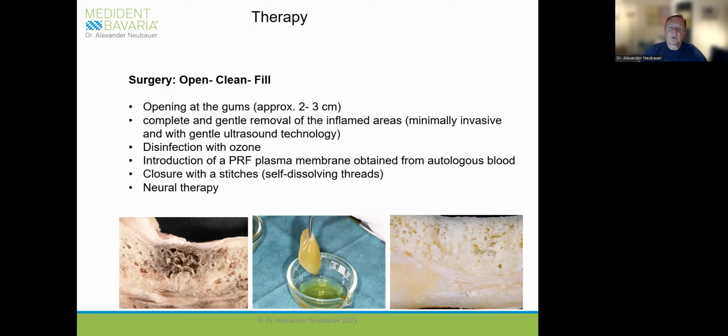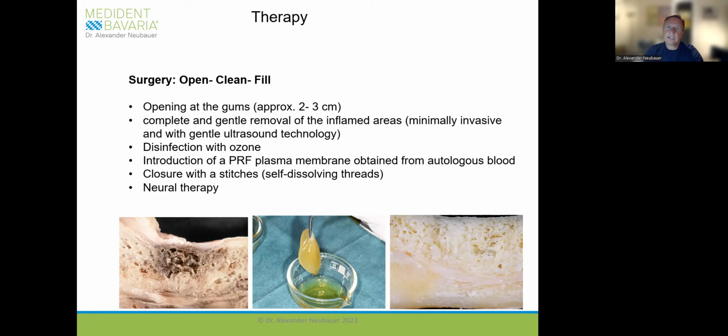This is very important. The ultrasound technology, we call it piezo surgery, is a highly effective therapy which removes the infected parts but does not touch the healthy parts of the jawbone.